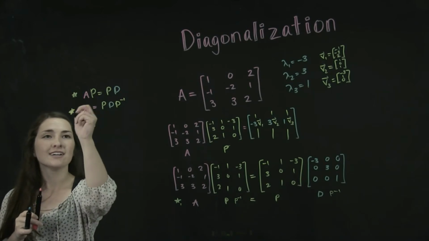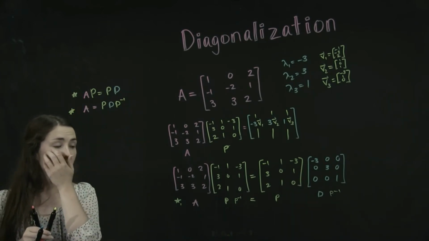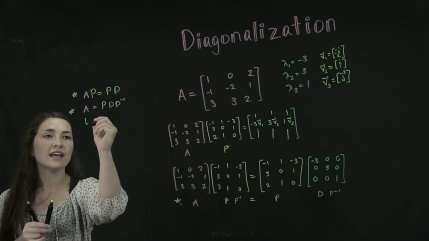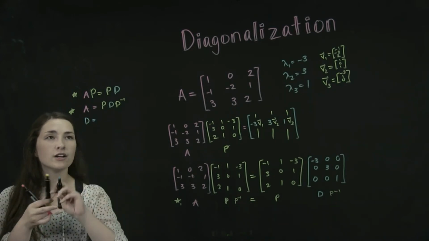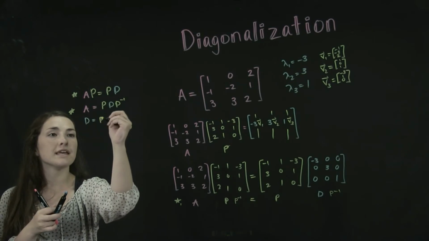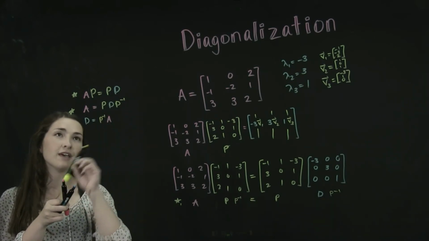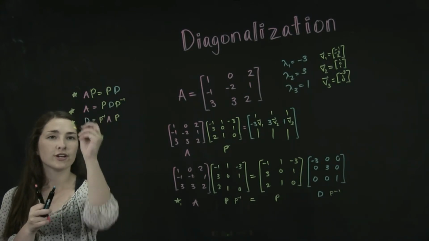And this is our second star equation. And lastly, we can go the other direction too and show that D is equal to P inverse times A times P. And that is our third star equation.